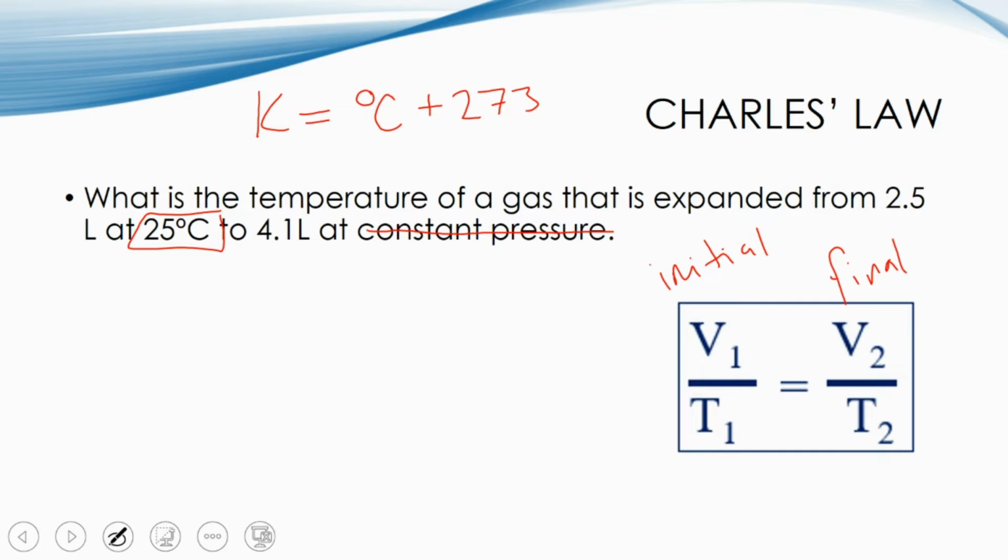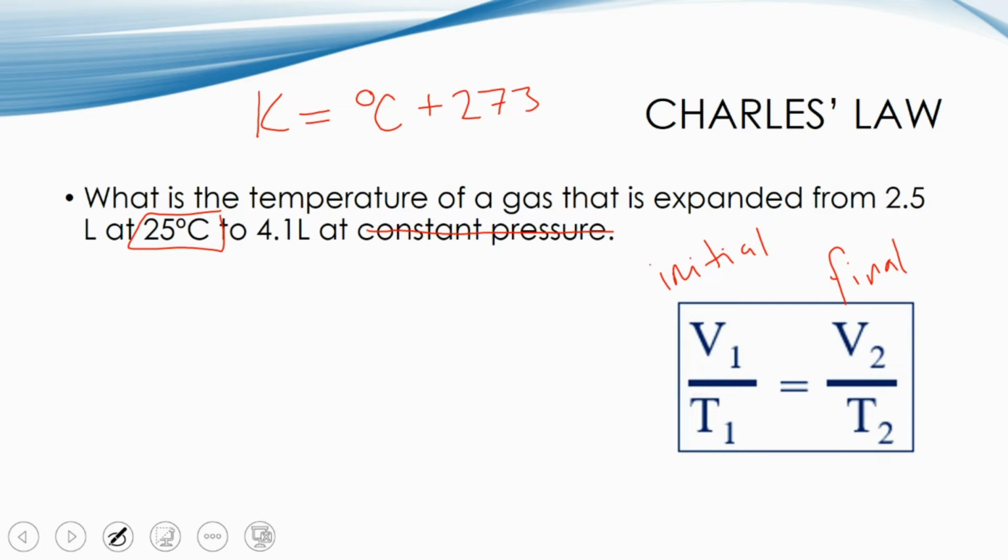So we're going to be looking for keywords that talk about the before and the after. So one more time, by reading the question, we can see: what is the temperature of a gas that is expanded from. The fact that the question states from is telling us that was our starting point.